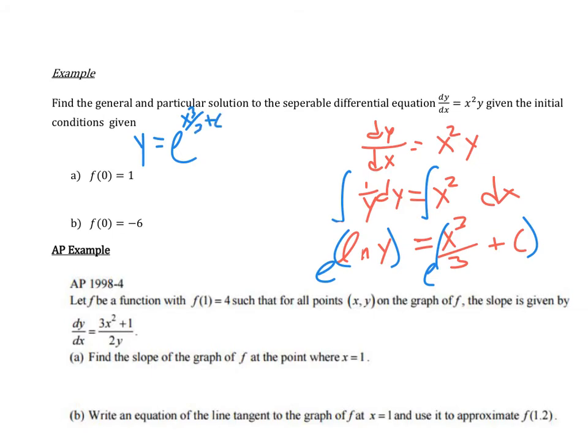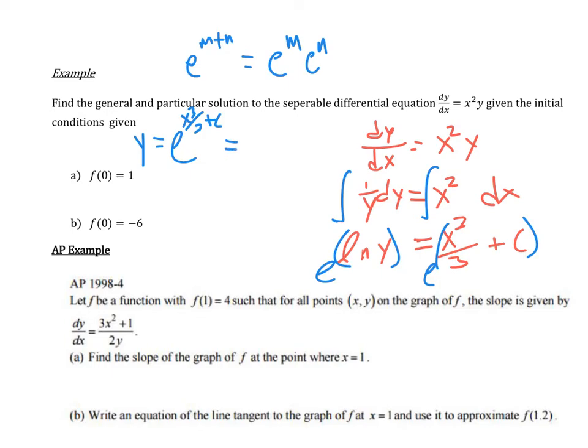Now, remember when we add exponents, that's the same as multiplying. So e to the m plus n is the same as e to the m times e to the n. Remember that? Well, we're going to take this one step further. You're going to see this often.